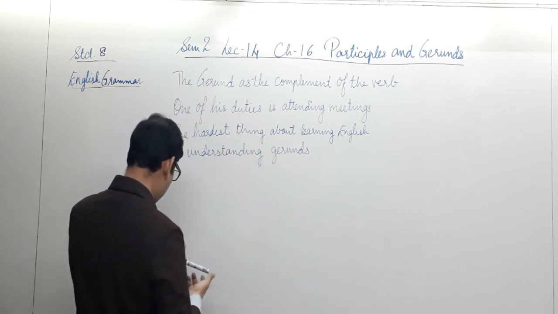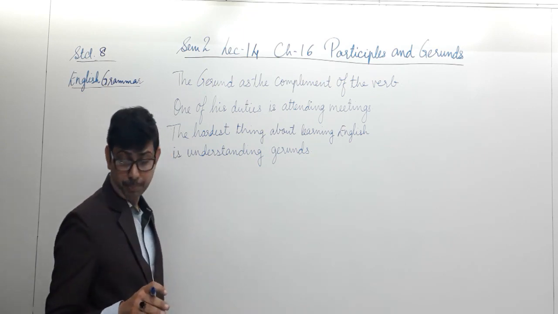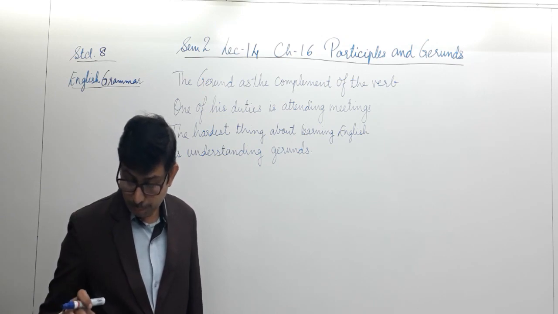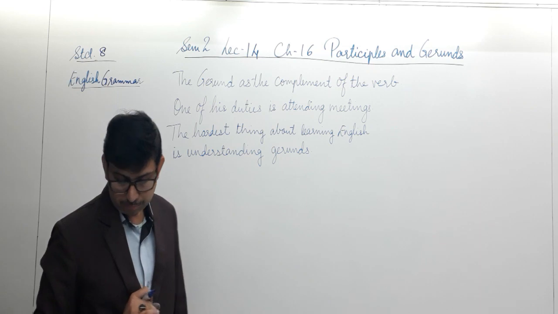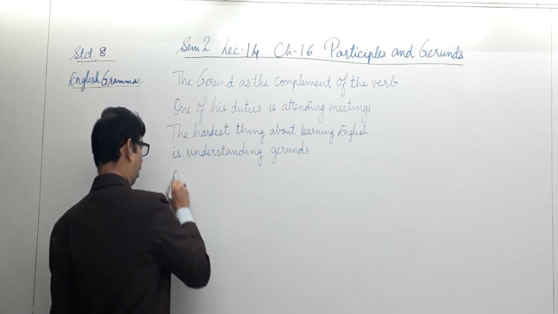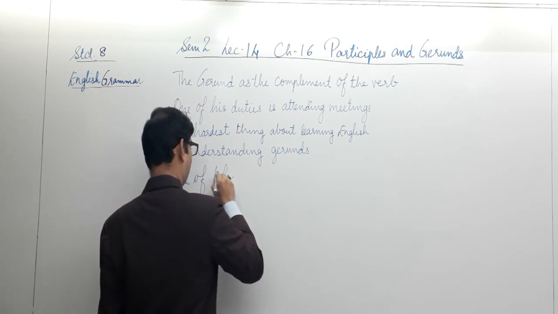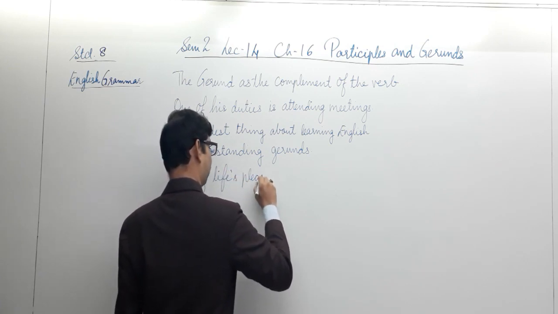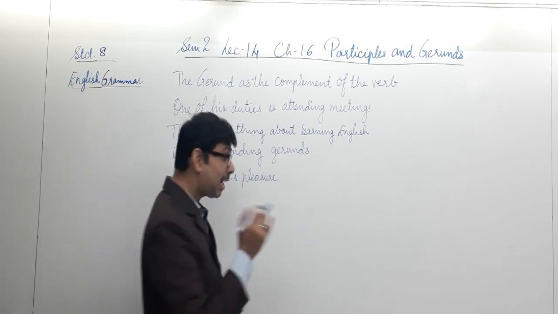Well, it's indeed a bit difficult to understand gerunds, but we are trying to get along with it easily. Another sentence about complement of the verb. One of life's pleasures is having breakfast in bed.